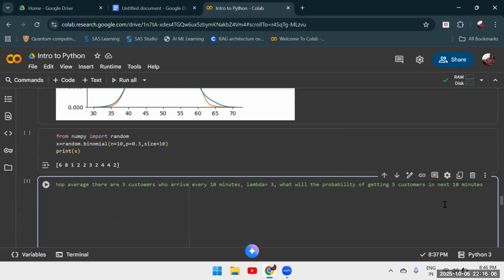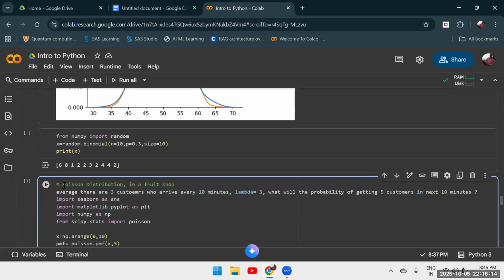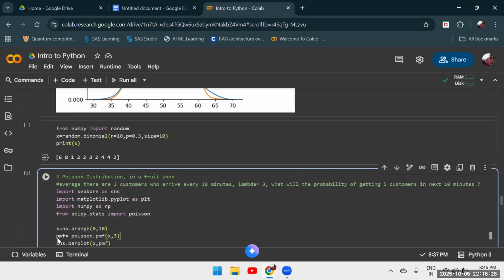So this is my question. For this question, in order to solve it, I'm assigning these values. So the X I'm arranging as 0 to 10.